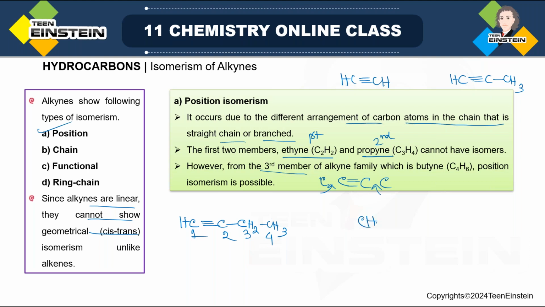Another possibility, and this will have the name 1, 2, 3, 4. This is 2-butyne. So depending on the position, it will be 2. Now after that you can put branching, that is a separate thing. But here the position of the triple bond is not the same. They are getting different numbers. So that is why they are position isomers.